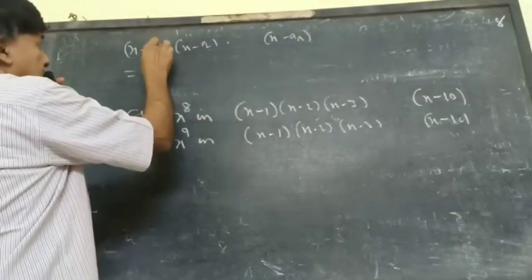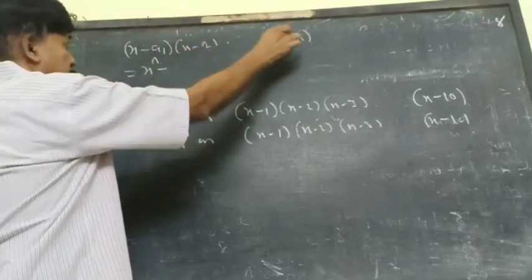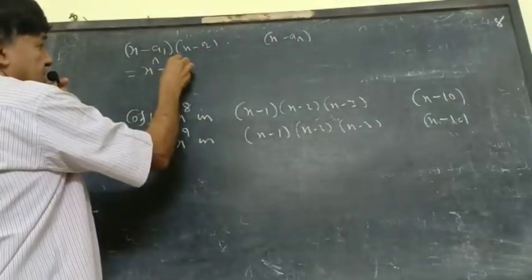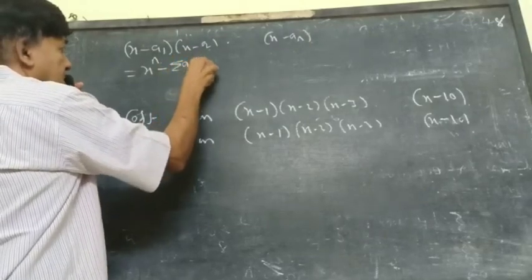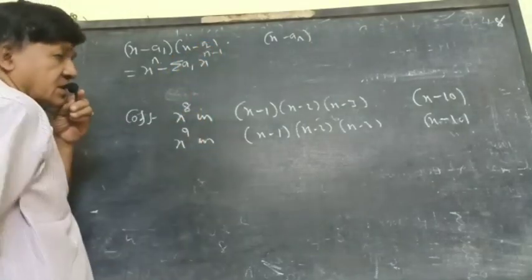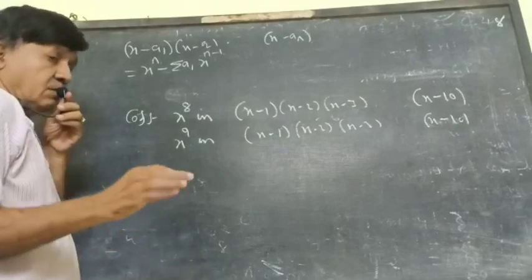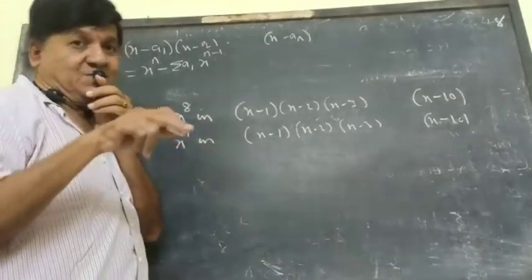Minus a1 plus a2 plus a3 up to an into x power n minus 1. So this is minus sigma a1 into x power n minus 1, sum of the products taken one at a time.